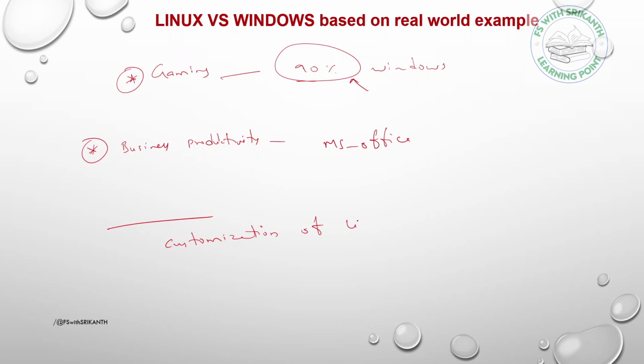So from the developer point of view they can customize, from the research point of view they can customize, and from the technical point of view they can customize. Everyone can get the code and customize it. That is the benefit of the Linux operating system. And in Windows, we never do that kind of distribution, so the user may not have a choice for that.